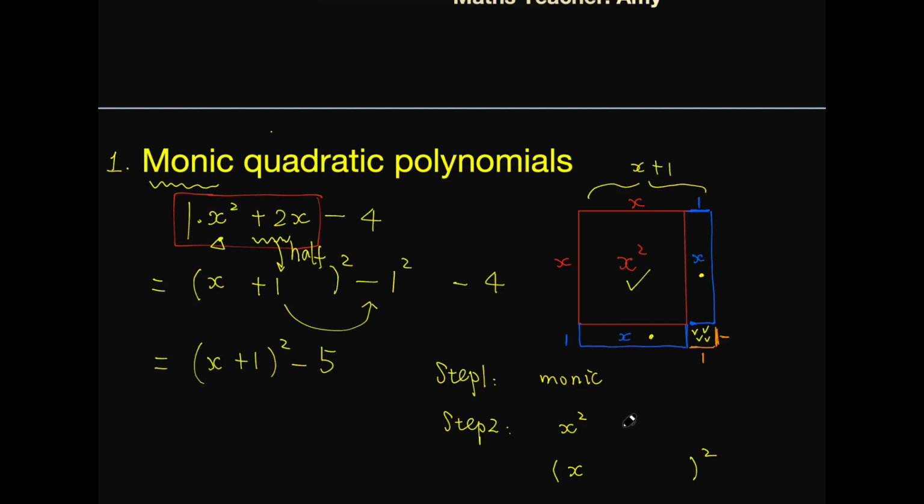Then for the term with bx, the coefficient of x is b, and this coefficient will determine the constant in the brackets, which is b over 2. And then we have to minus this constant squared, which represents the area of this small square. After that, we just simplify.